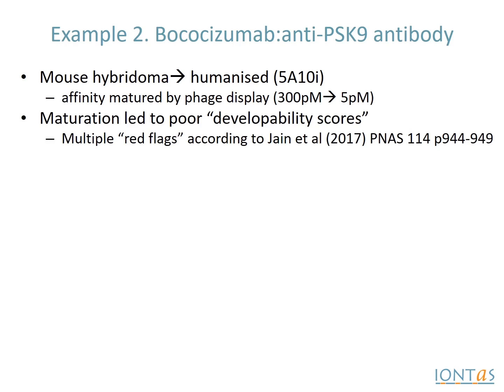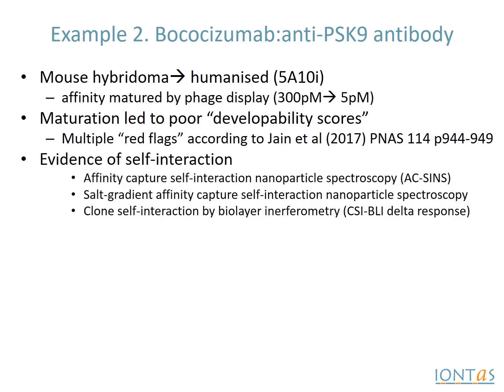And in fact, there was this excellent paper from Adimab from a year ago, Jain et al. They looked at a whole panel of antibodies, something like 140 different antibodies that were at different stages of progress through the clinic, and they expressed them all and analysed their biophysical properties. And this particular antibody, bococizumab, scored badly in that assay.